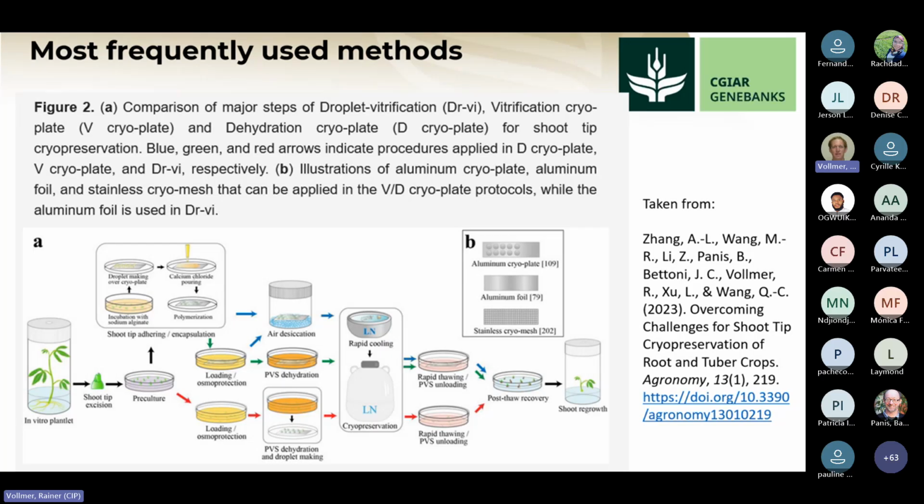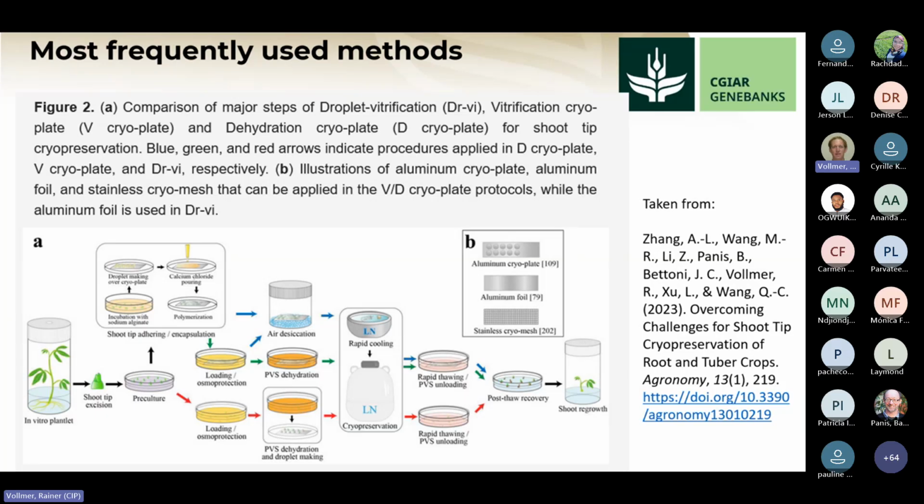We have the V plate, the D plate, and then droplet vitrification. For the V plate and the D plate, you stick the shoot tips with alginate on plates and then move these plates through the process, while for droplet vitrification you use aluminum foil directly.